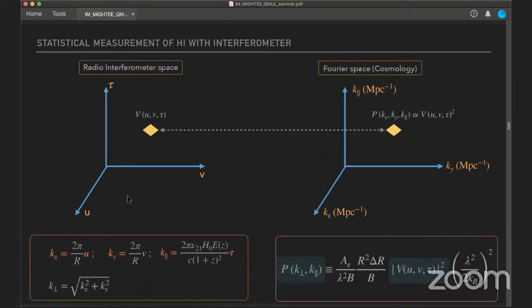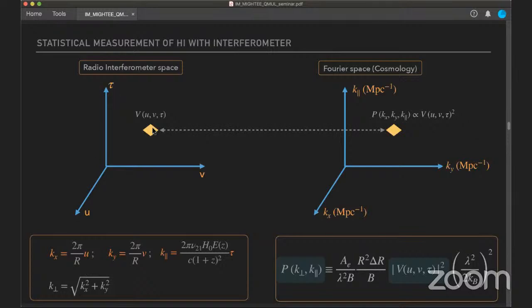The next step would be to explain how from the visibility we are going to get the power spectrum. As I said before, there is a one-to-one correspondence between the UV and tau to the kx, ky, k parallel coordinates. So if we start with each visibility measurement and take a Fourier transform along the frequency, our data products are in the UV tau domain.